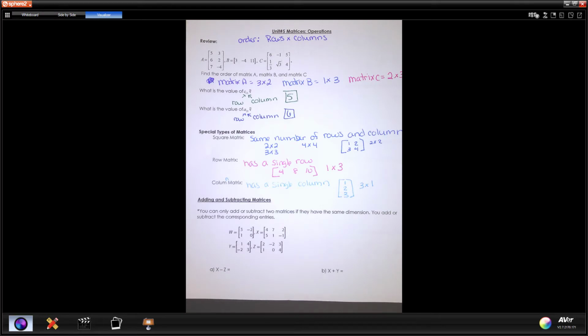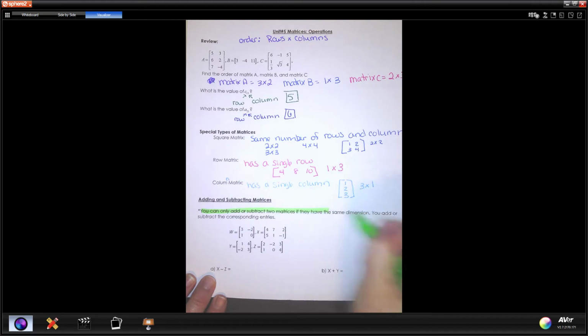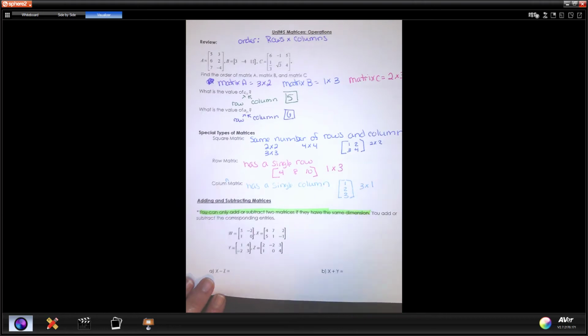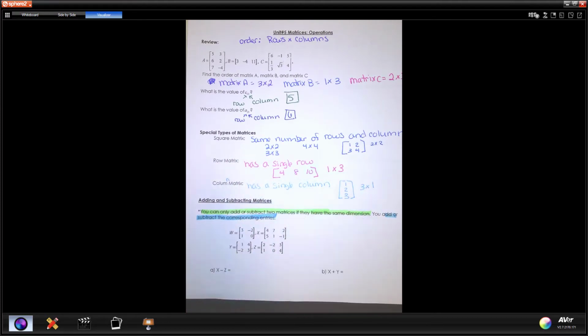We just happen to be adding and subtracting our wonderful, awesome matrices. In order for us to be able to add or subtract two matrices, they must absolutely have the same dimension. And all that means is if they have the same size, we are going to add or subtract our corresponding entries.